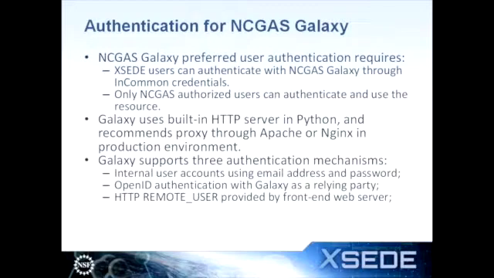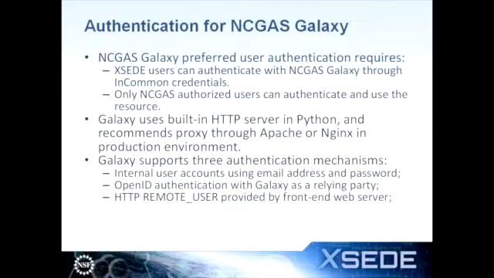Galaxy distribution uses a built-in HTTP server in Python, and it recommends the proxy through Apache or NGINX in the production environment. It supports 3 authentication mechanisms. The first one is just managing user accounts locally using their email address and password, and the second one is OpenID authentication.